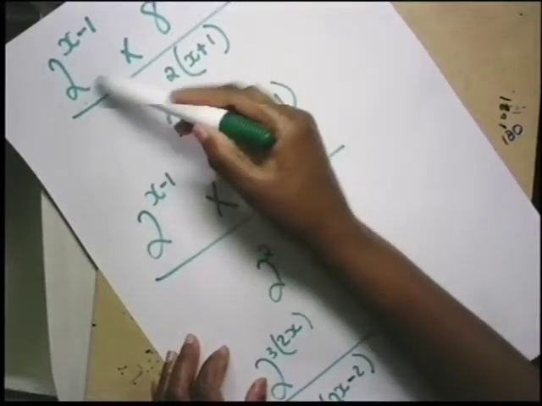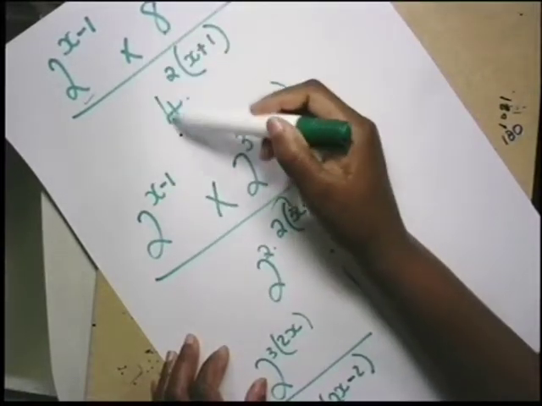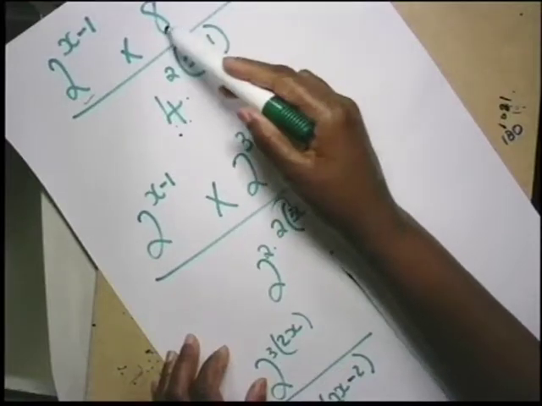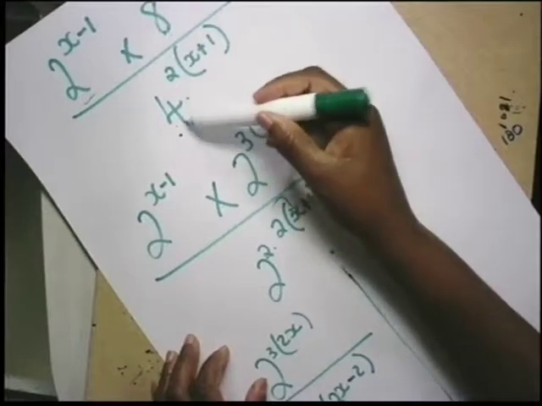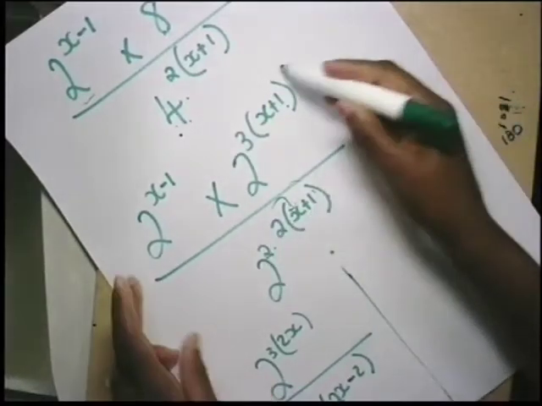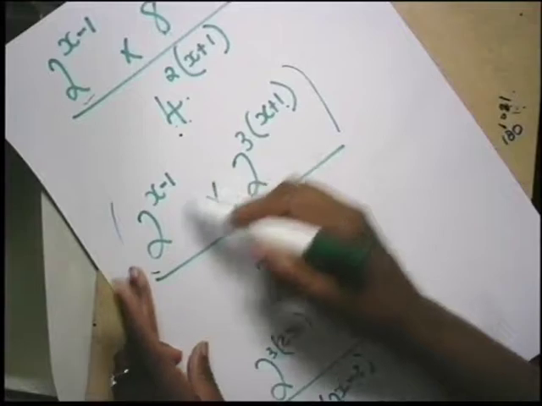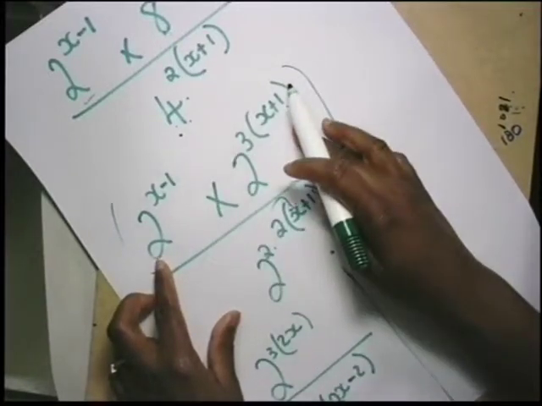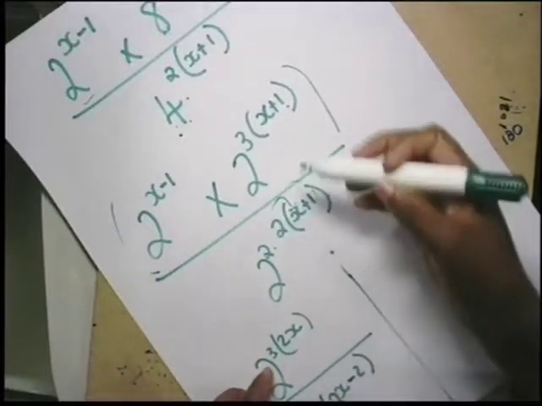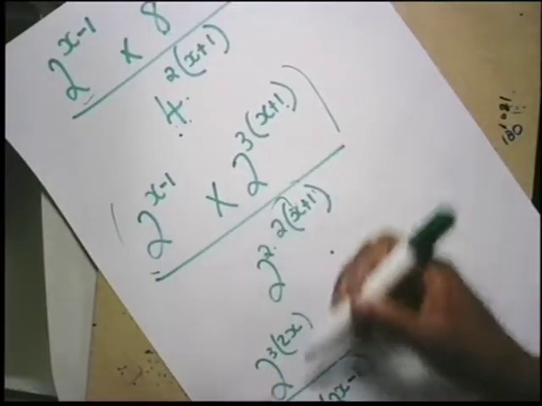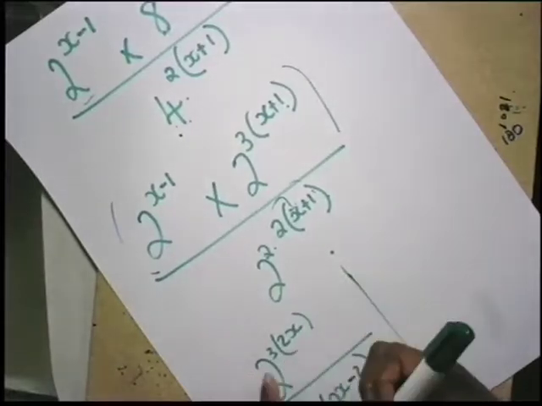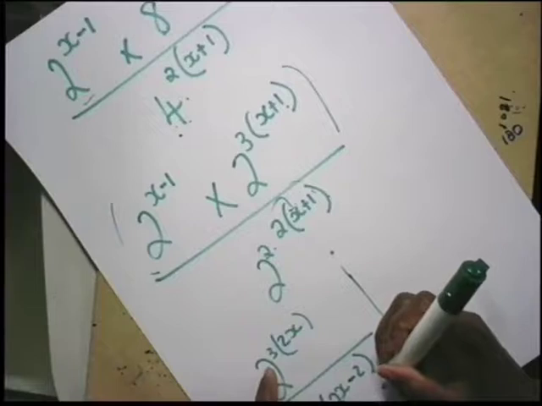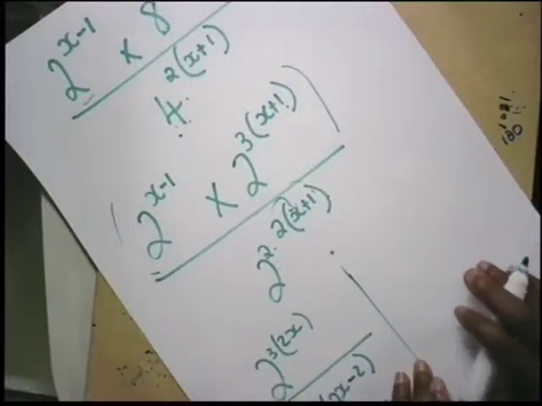So we can write 8 and 4 as a power of 2. 8 as a power of 2 is 2 power 3. 4 as a power of 2 is 2 power 2. Then we use the rules of indices. When we are multiplying, if the bases are the same, we add the indices. When you are dividing, if the bases are the same, you subtract the indices. Just like that, then you finalize your answer.